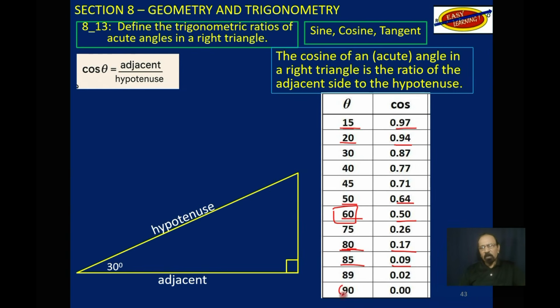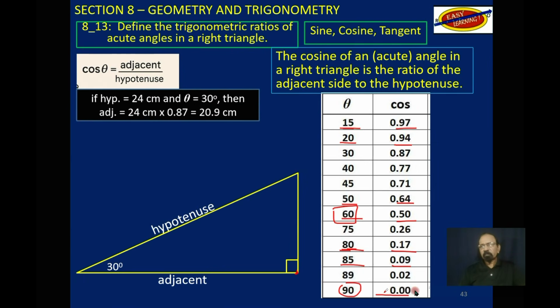By the time you get up to 90, we get to 0.00. So that the hypotenuse actually falls here. And you get, at 90 degrees, 0.00.